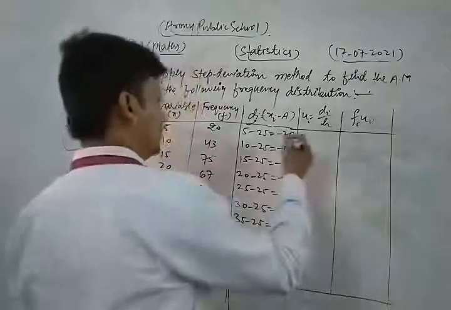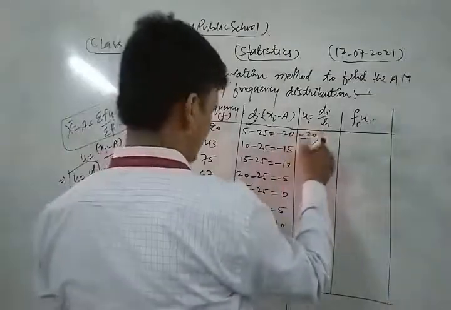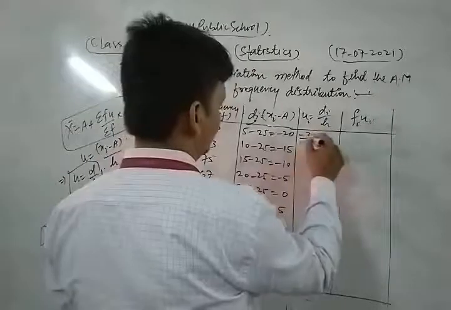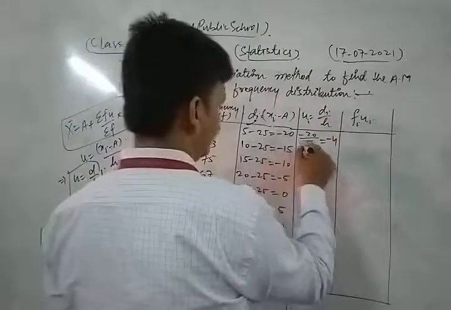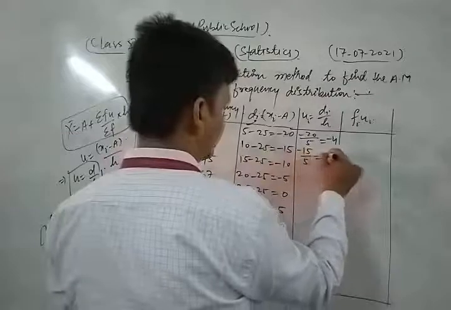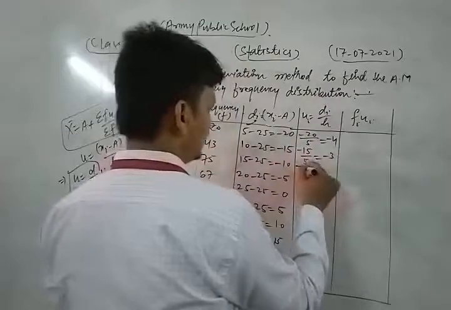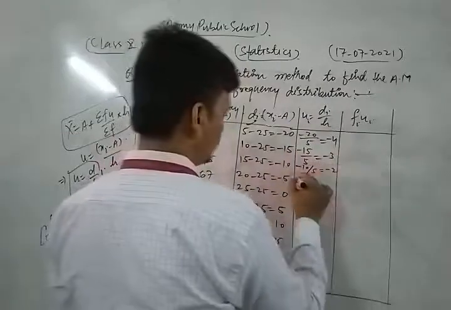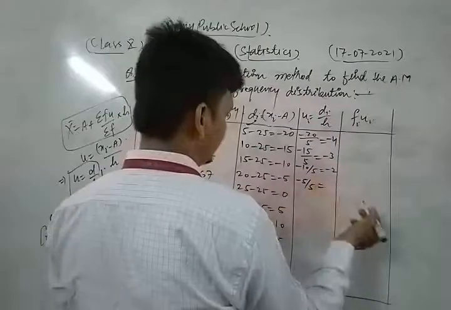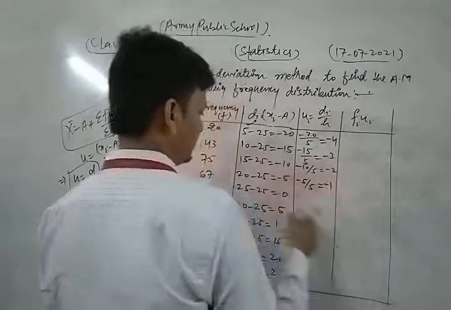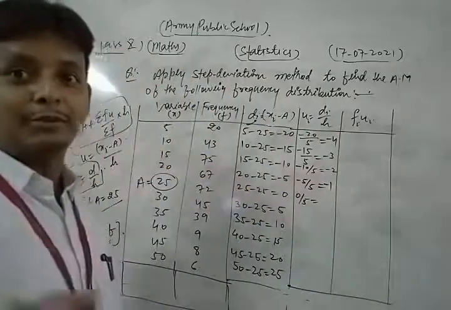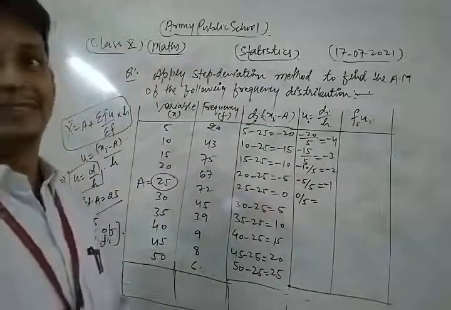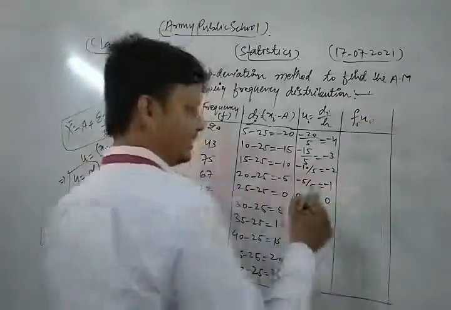Now we get minus 20 upon 5, that is minus 4. Minus 15 upon 5 is minus 3. Minus 10 upon 5 is minus 2. Minus 5 upon 5 is minus 1. 0 upon 5 is 0.